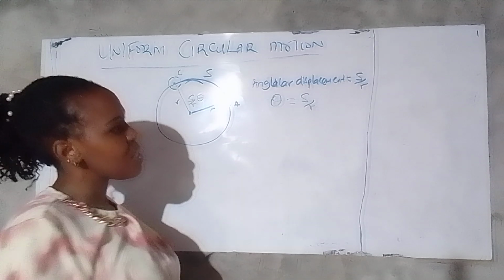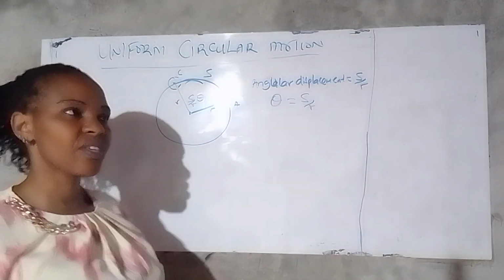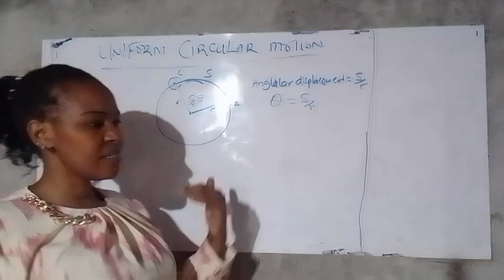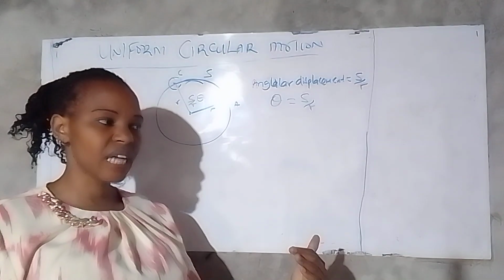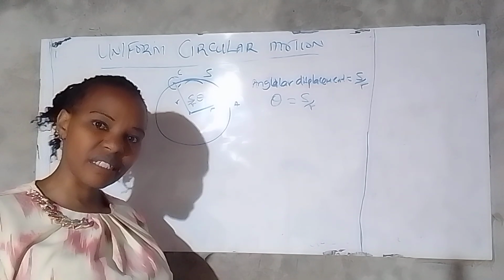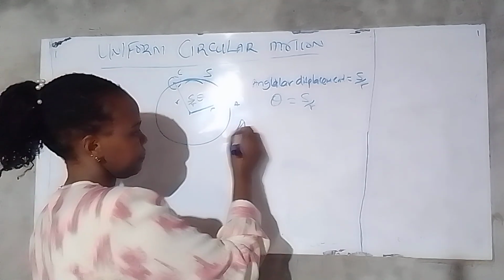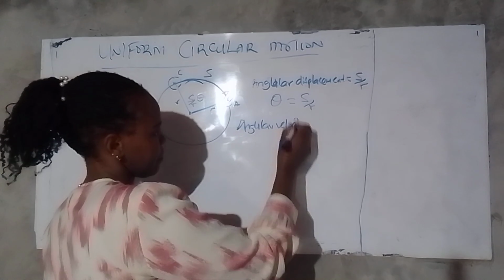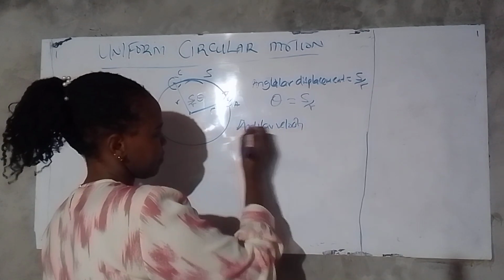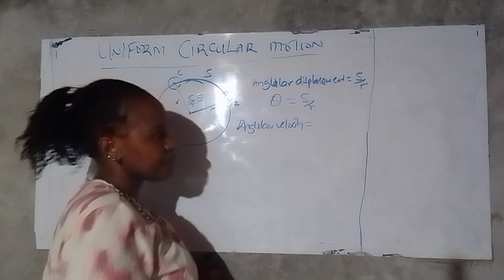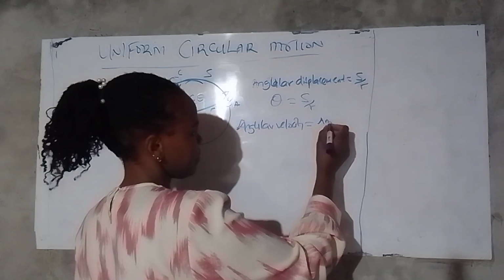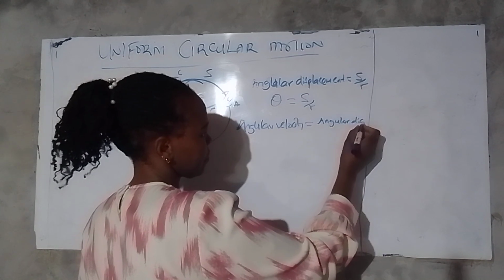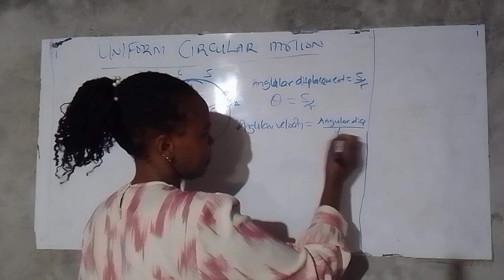Okay, so if we want to get angular velocity, then it is the change in angular displacement divided by the change in time. So angular velocity equals angular displacement divided by time.